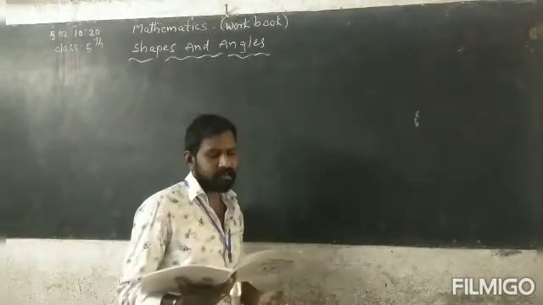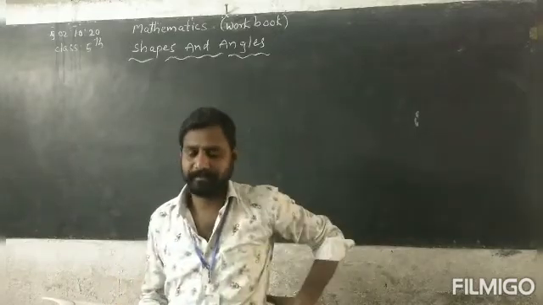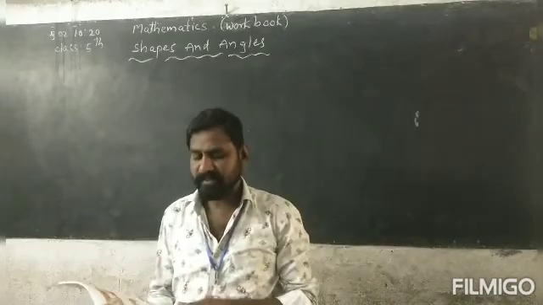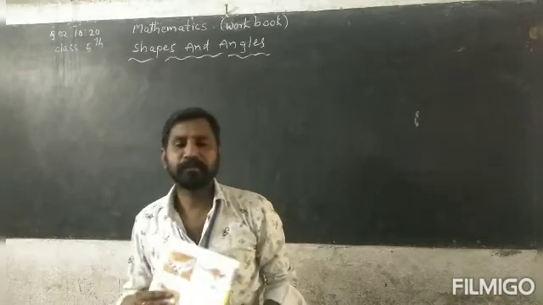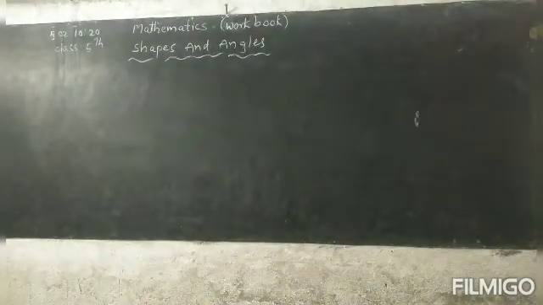Write the number of edges, faces and corners for the following objects. First we discuss the cube. So this is a cube. You can write the number of edges, number of faces, number of corners.